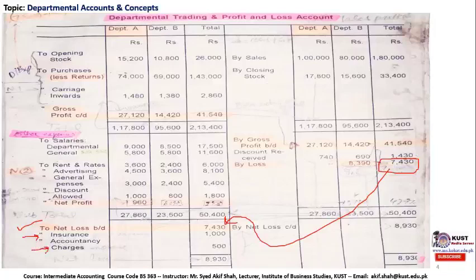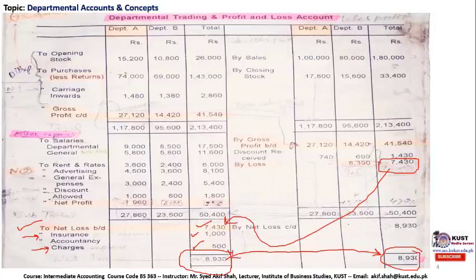Since the data was not given on how to divide these two between Department A and Department B, we have mentioned these two at the end of the accumulated resultant value for Department A and Department B, which was actually a loss of 7,430. And beside that, we have to minus insurance expense as well as the accountancy charges. So the resultant loss to the company is 8,930, and the same value should be written at the right hand side so that the question meets its requirement.